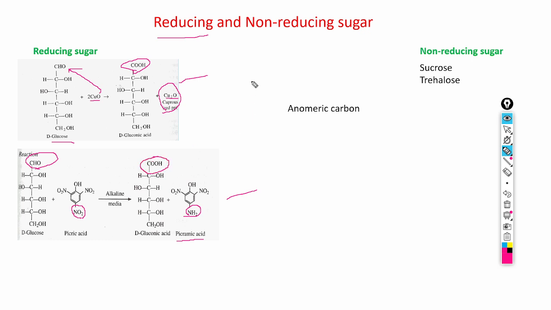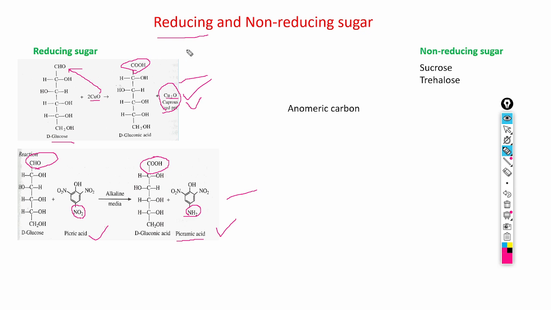So any sugar that can reduce a molecule like picric acid, cupric or ferric ions is called a reducing sugar. Cupric after reducing forms cuprous, and ferric forms ferrous, and picric acid forms picramic acid.